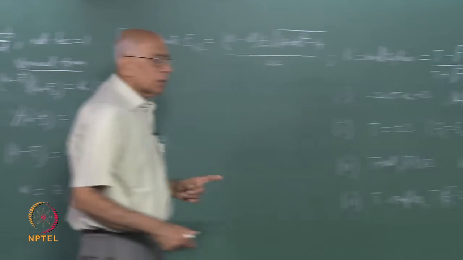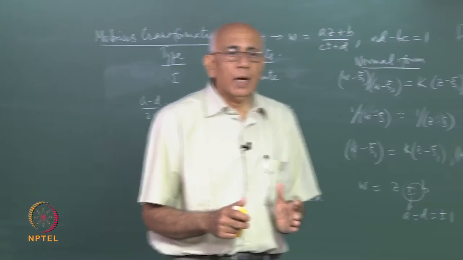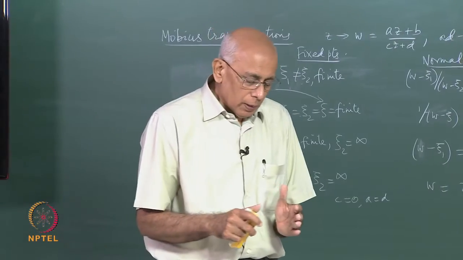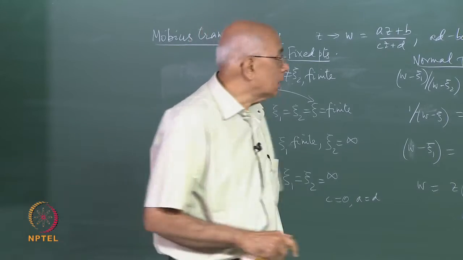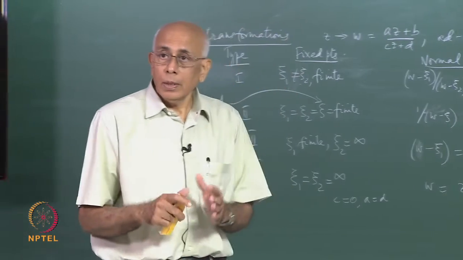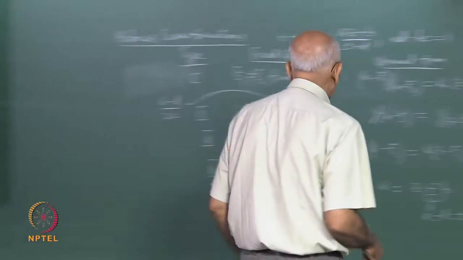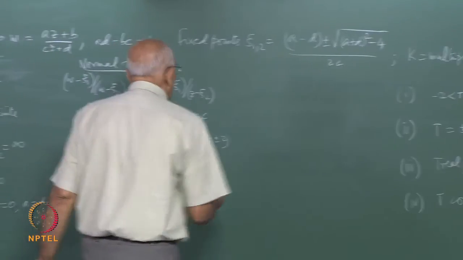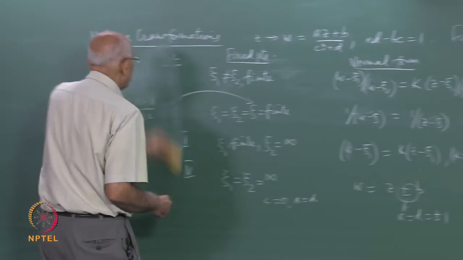I introduced the concept of the isometric circle and pointed out that a certain circle mod Cz plus D, in this case equal to 0. What was the isometric circle here? Let me write this down separately.